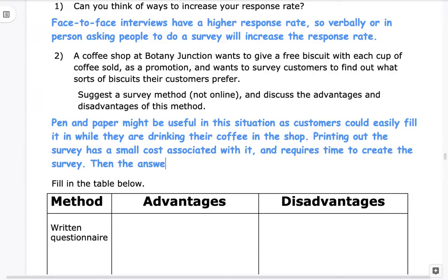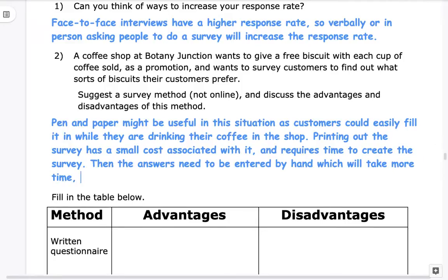Then the answers need to be entered by hand, which will take more time, which can be a disadvantage.